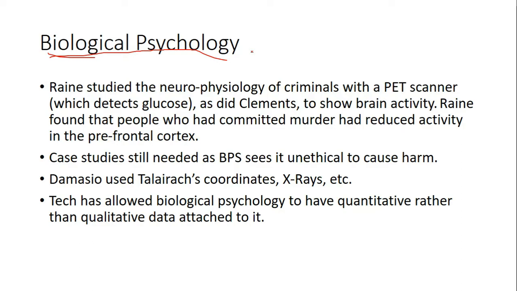A study we're going to take as an example is Raine, which was done in 1997. The reason I can remember that is because it was when Blair was elected. They studied the neurophysiology of criminals with a PET scanner, which detects glucose.